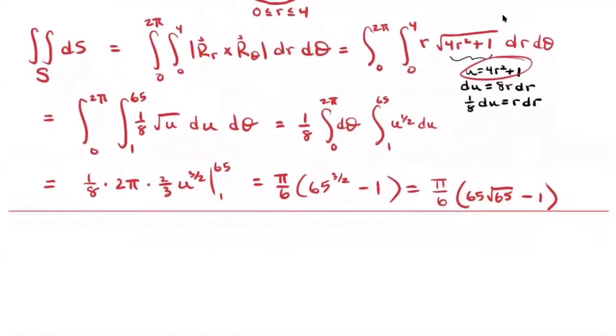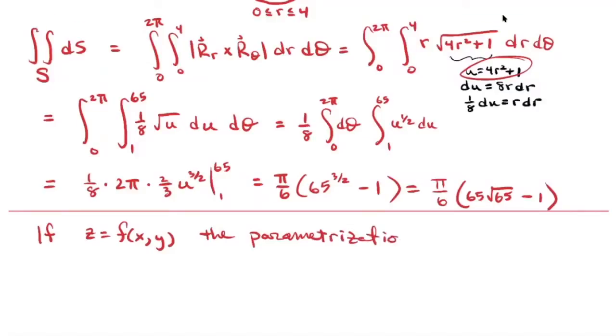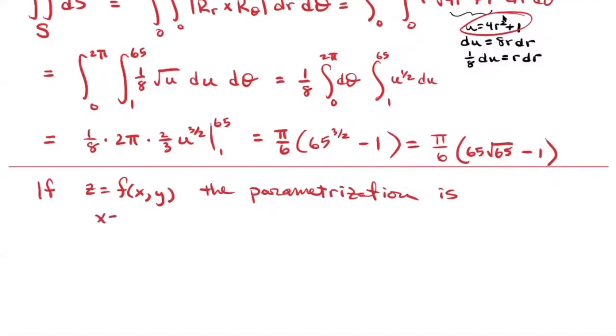I wanted to do a real quick development of what happens when z is a function of x and y. This is theoretical. So if z is some f of x, y, let's just say the parameterization is, as we've said already, x will just be x, y can just be y, and z is f of x, y.